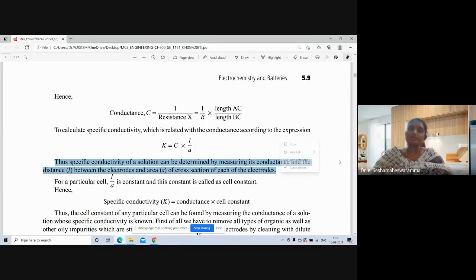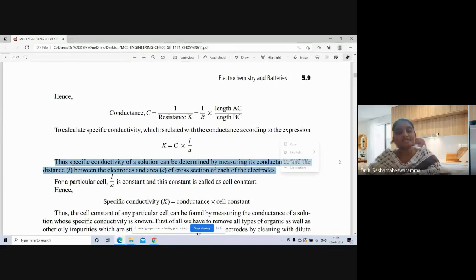At a particular length of the electrodes and a particular cross section of the electrodes, L by A is constant. That constant is known as cell constant.